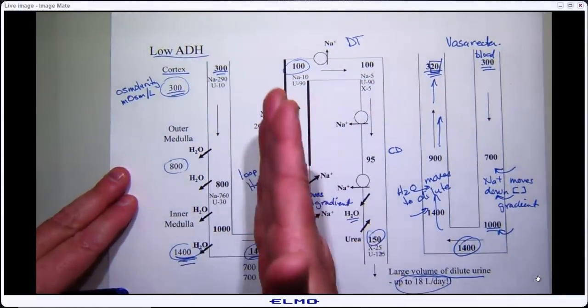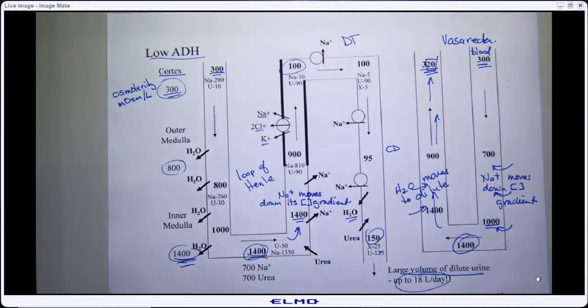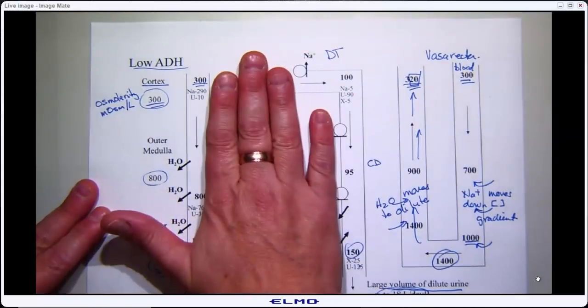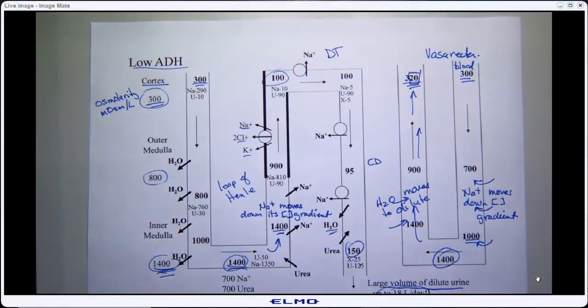Then we were able to show how we could take things out of the tube into that interstitial space, and then putting a vasa recta over on top of that, how we would remove what we took off into the interstitial space back into the peritubular capillary, right? So that's where we've been.